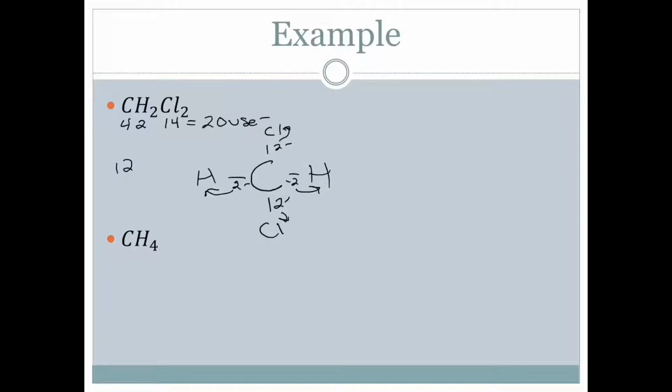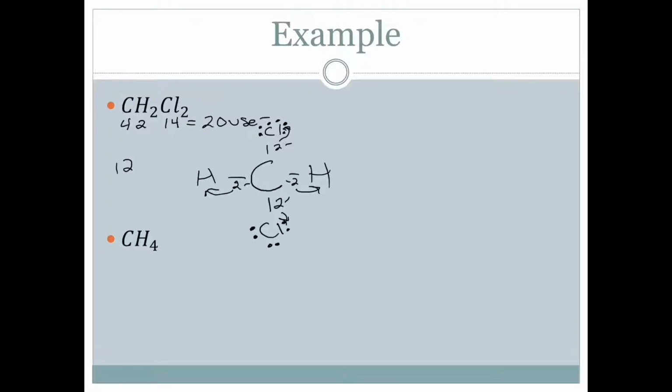Well, what's 8 minus 2? 8 minus 2 is 6. We have 2 different chlorine atoms that need to be filled. So let's give each chlorine atom 6 electrons because we have 12. So in this case, you can just kind of go like this, put all the lone pairs around. All right, everything's full. Great.